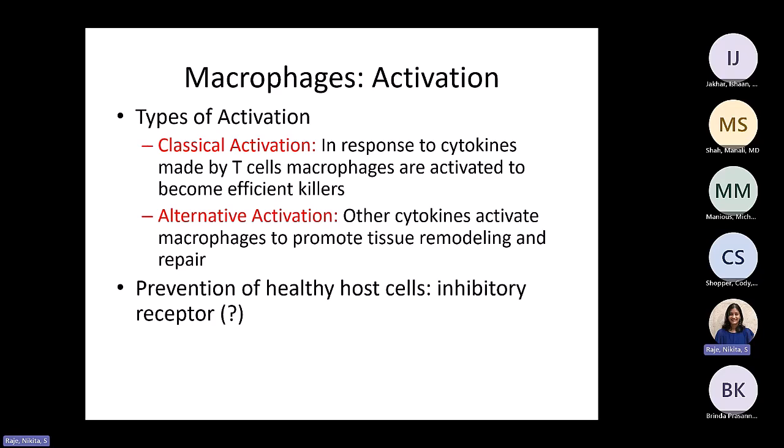The inhibitory receptor on the macrophages is called SIRP alpha, and it recognizes CD47. So CD47 is that "don't eat me" signal on the host cells, and the macrophages recognize that so that they do not eat those host cells.